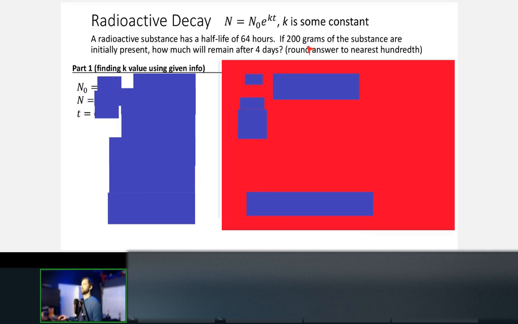A radioactive substance has a half-life of 64 hours. If 200 grams of the substance are initially present, how much will remain after 4 days? Round your answer to the nearest hundredth. All right, what do we think here? What are we thinking?